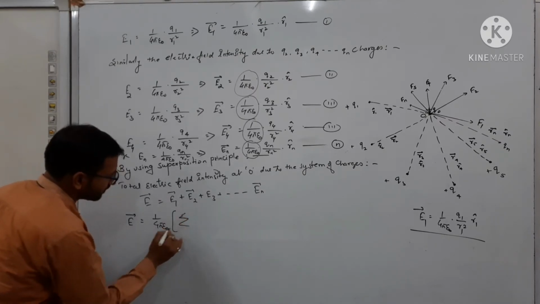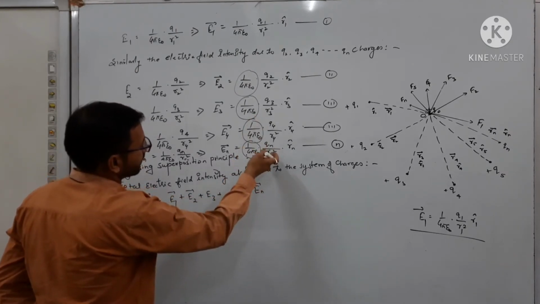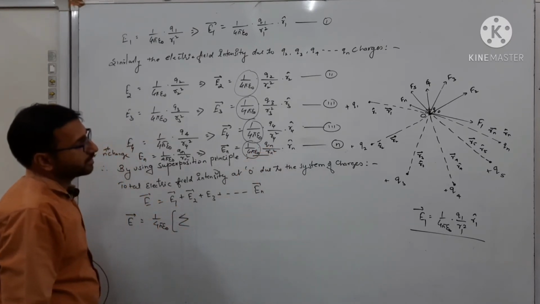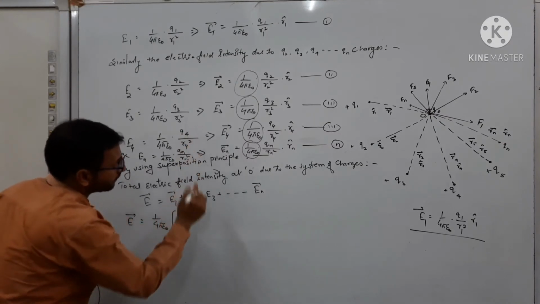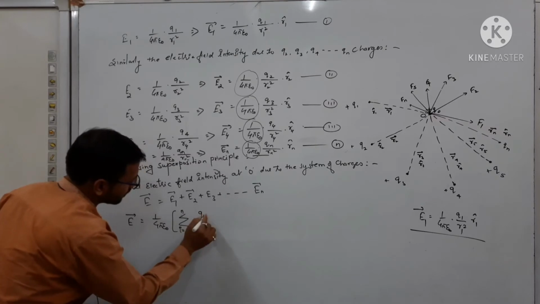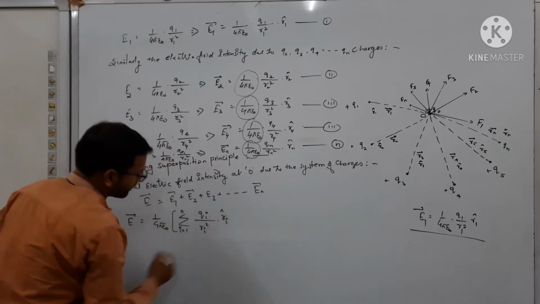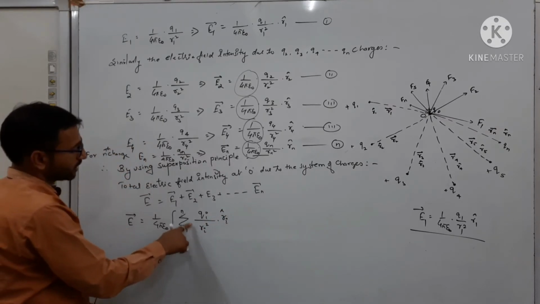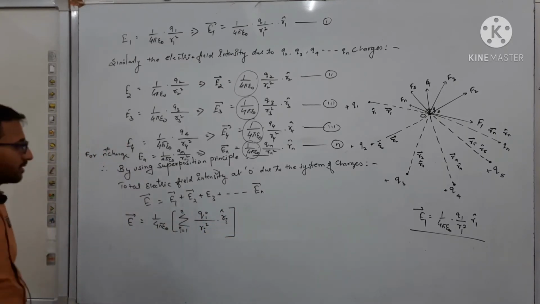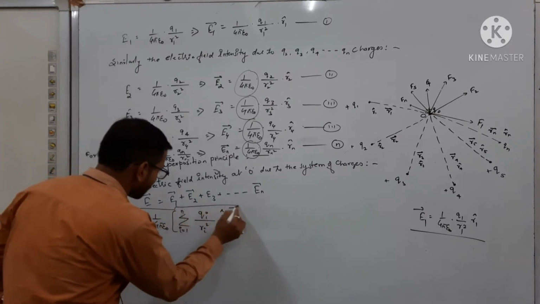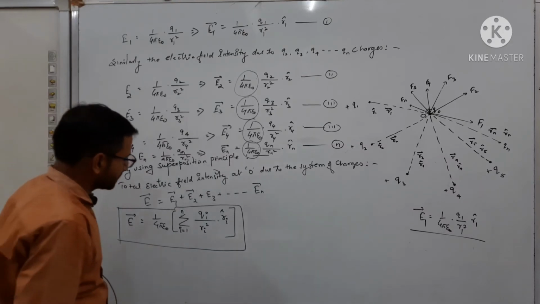So I will use a summation sign, and in the summation sign I am taking n as 1, 2, 3, 4 up to n. So I will use i equals 1 to n. Then we will use here Qi over Ri square with Ri cap, and here the value of i is from 1 to n. Got it? So this is our general form of the electric field intensity for the system of n charges.